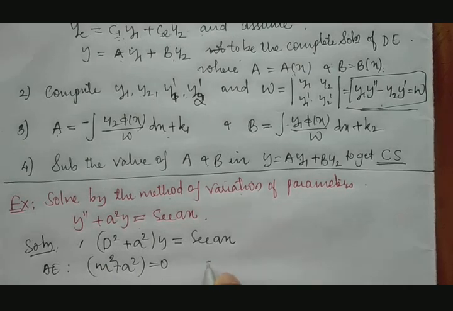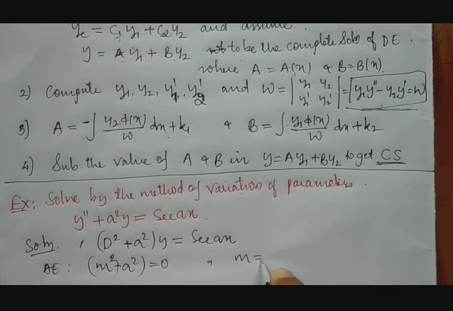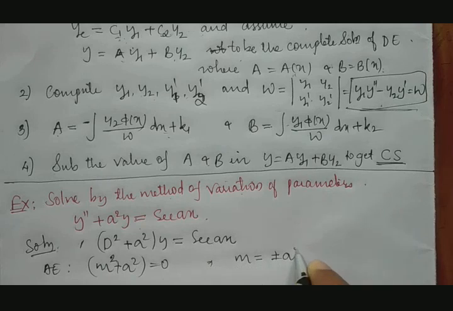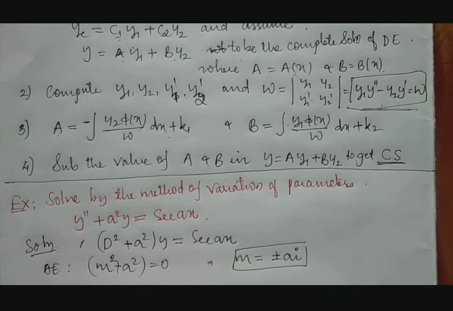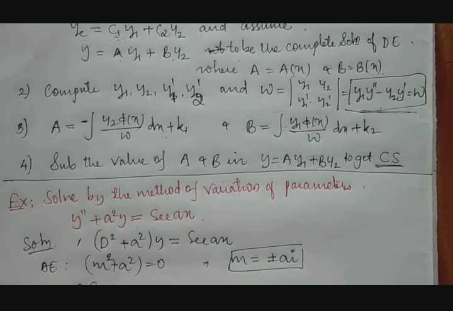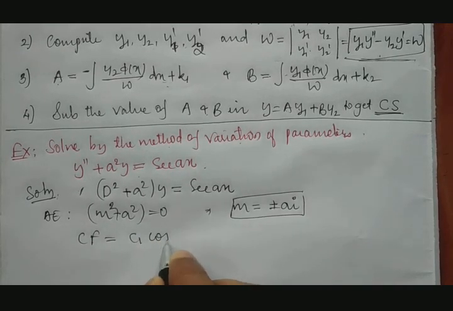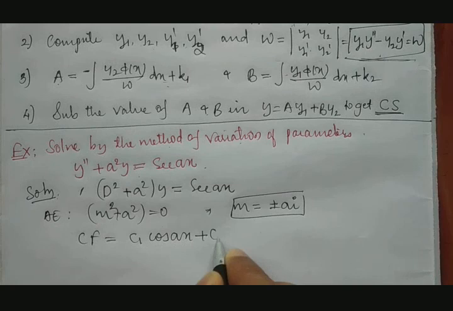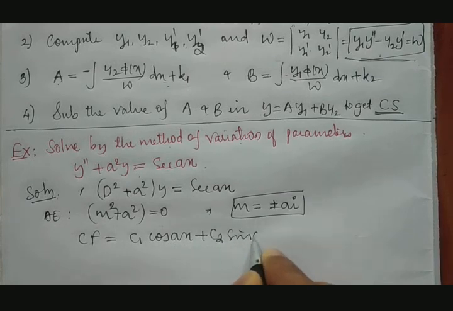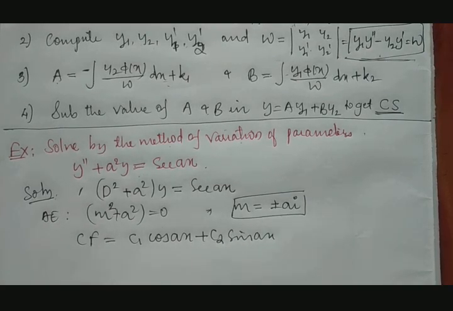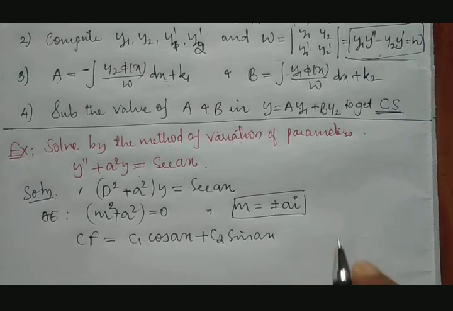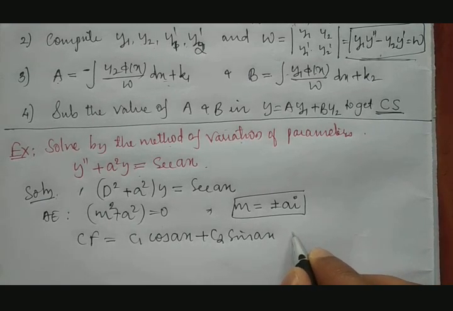Therefore the roots are m is equal to plus or minus ai. If these are the roots, then we get the complementary function as c1 cos ax plus c2 sin ax. We can see this is our complementary function.